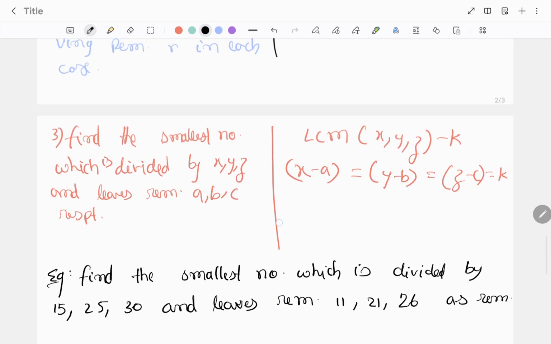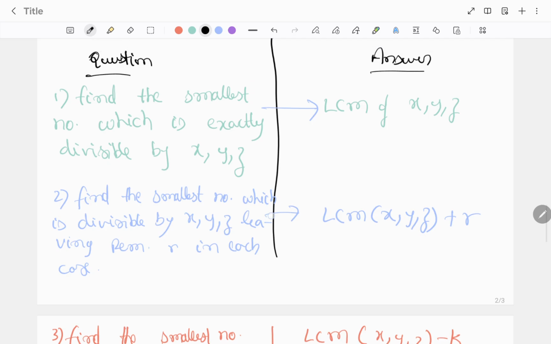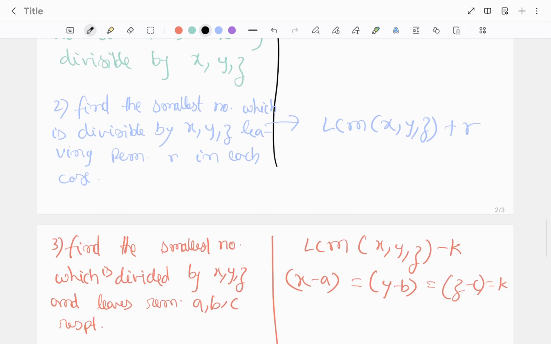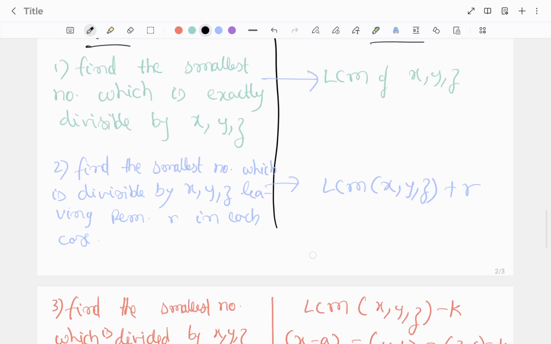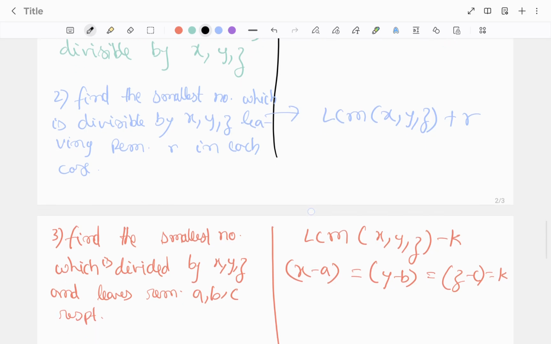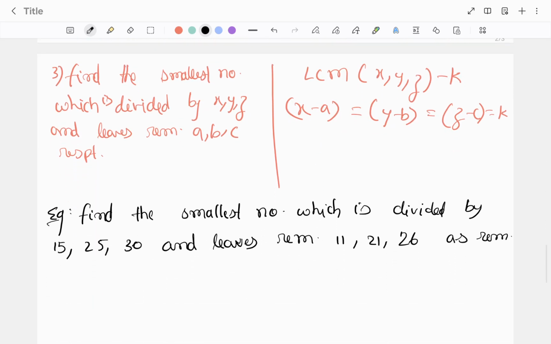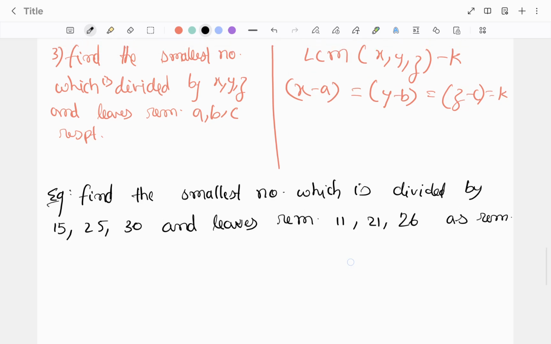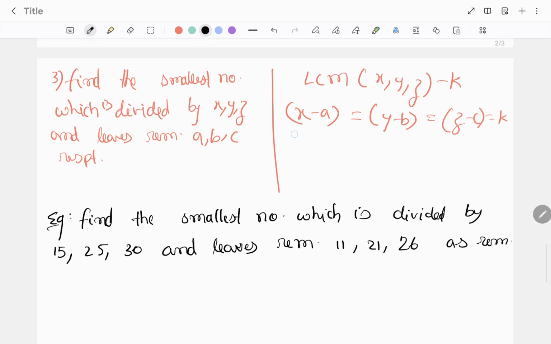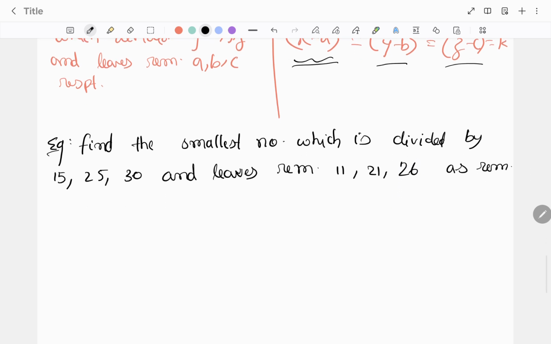Now see the three questions which I have given, the three question models and answer models. First one is directly finding the LCM. Second one is leaving a common remainder. Third one is leaving different remainders. In that case, what to do? If all the remainders are different, we have to check whether x minus its remainder, y minus its remainder, z minus its remainder is constant or not.